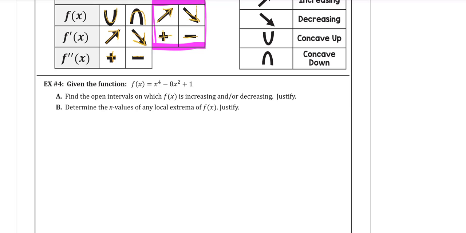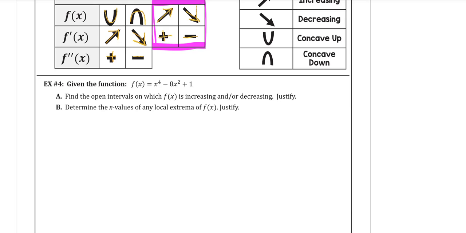Okay, example 4, given f of x equals x to the fourth minus 8x squared plus 1, we're supposed to first find the open intervals on which f of x is increasing and or decreasing and justify that answer. And then we're going to determine the x values of any local extrema of f of x and justify.